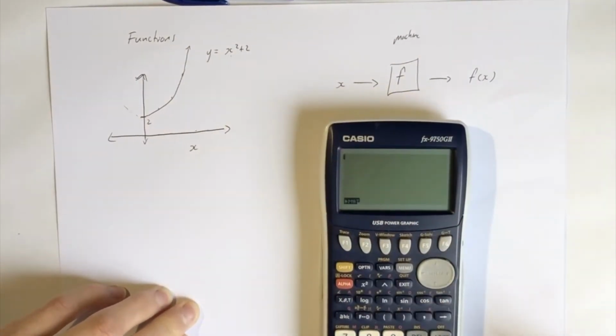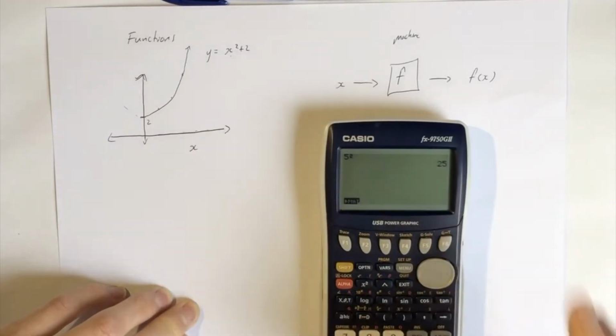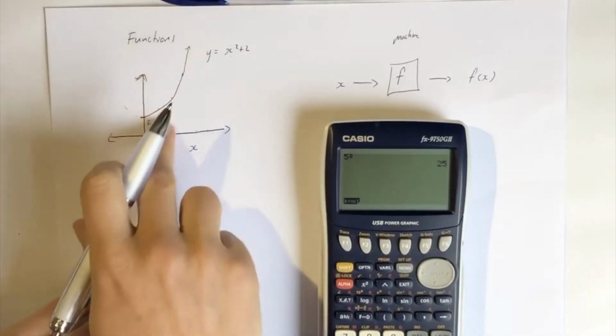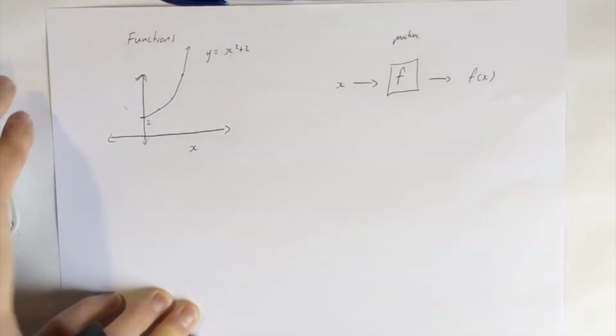So if we have this calculator, then you can see actually we have a function of squaring. If I give it some number, I give it 5, it will spit out 25. And that's kind of what's happening here. If I give it 9, it outputs 81. So it's a machine.